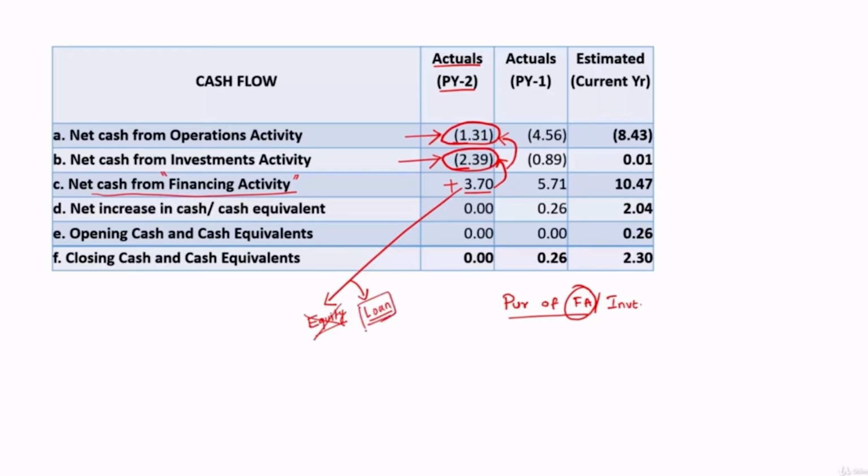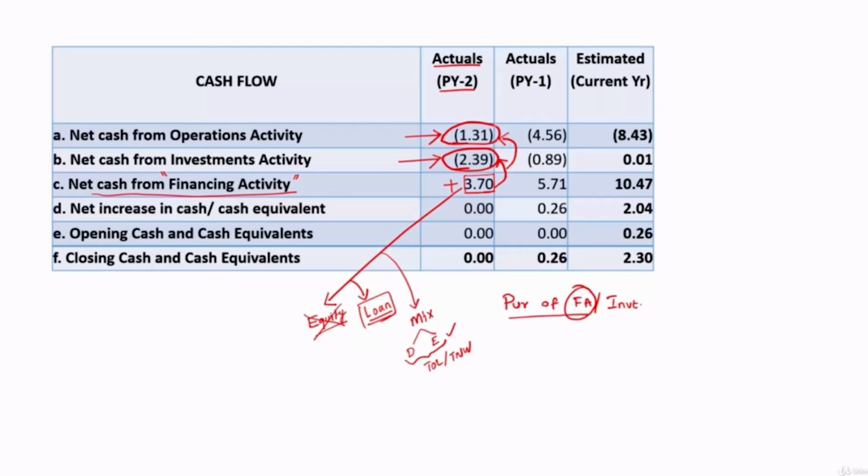Everything is getting funded by loan. So you have to look into this, from where they got this 3.7 crore, and it can also be a mix of debt and equity, and if the overall TOL by TNW is satisfactory, then the mix is also okay. So all those got to be studied.